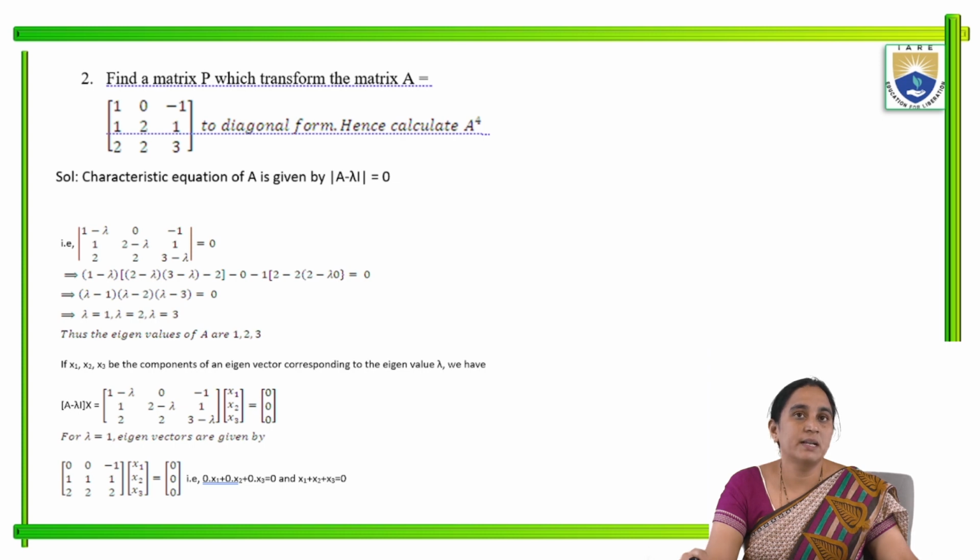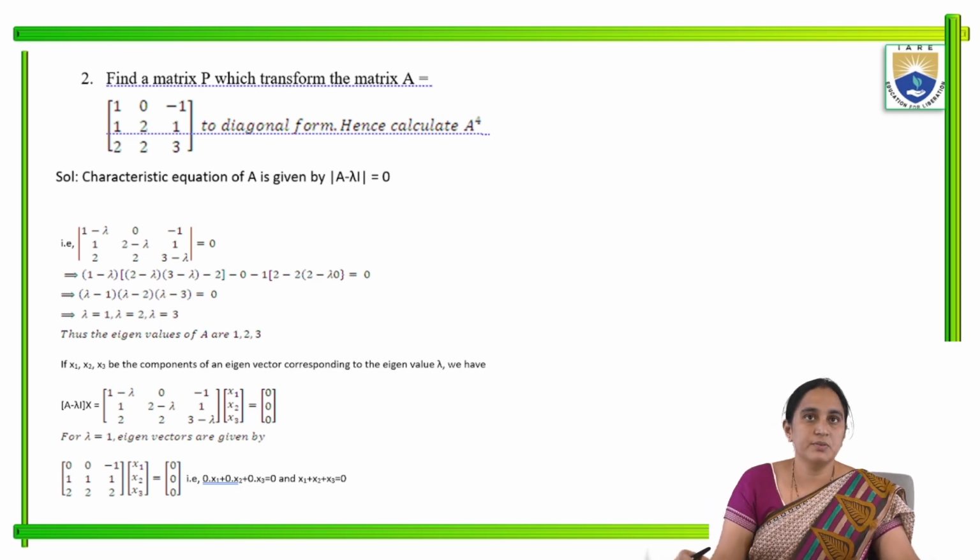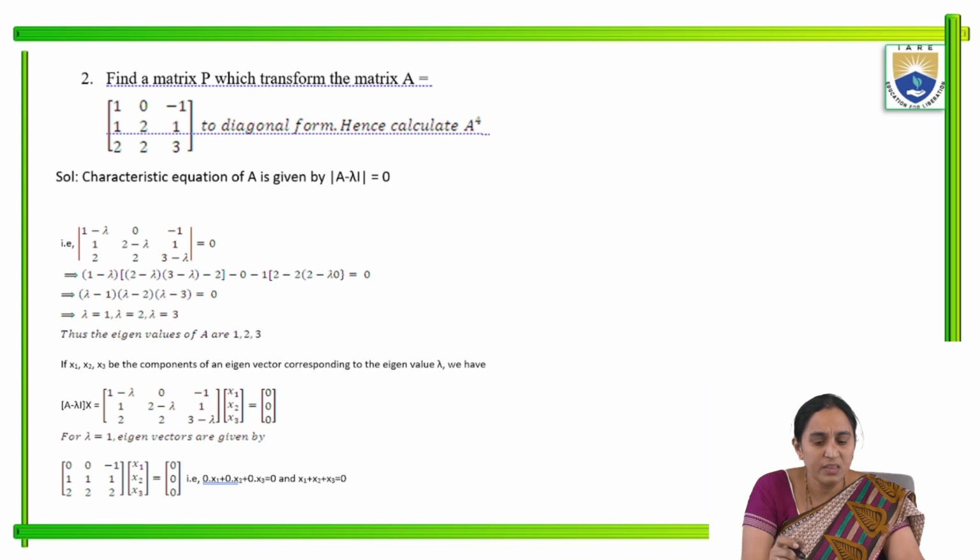This is a 3 by 3 square matrix. First we find the eigenvalues, and for that we write the characteristic equation: det of A minus lambda I is equal to 0.